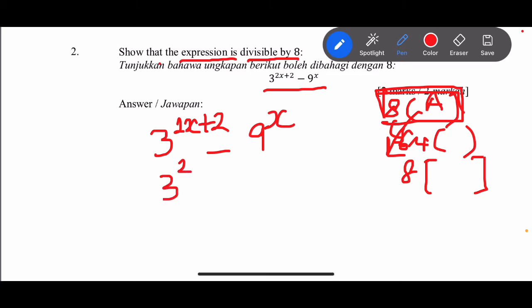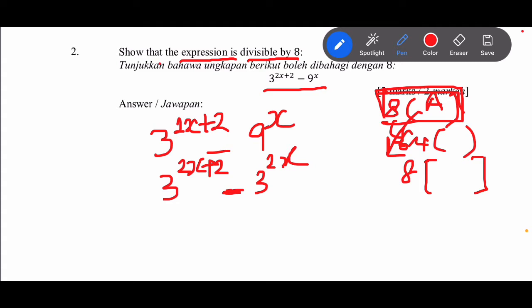So 3 power 2x plus 2 minus 3 power 2x, right? Okay, so now you still remember there is an index law saying that a power m times a power n is a power m plus n, right?